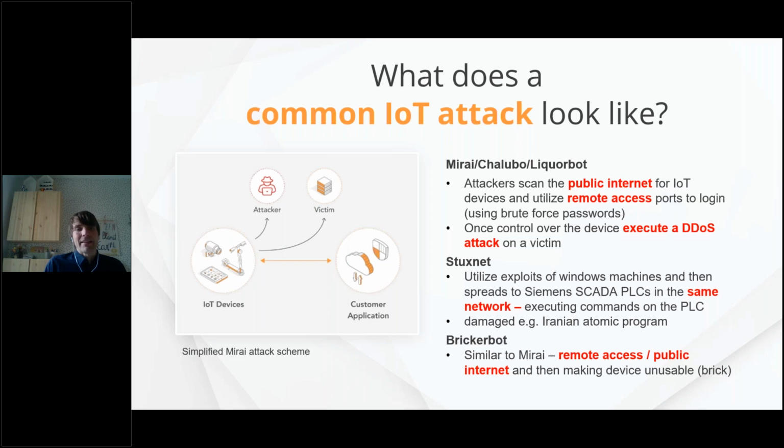The attacker scans the public internet for IoT devices and tries to utilize remote access ports to log in, over SSH or Telnet, just trying password combinations that are very common or unknown for the devices. Once they have logged into the device, they shut down everything so that no one else can log in, and then they execute a denial of service attack onto a different victim.